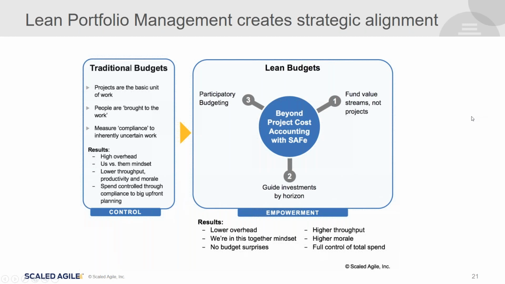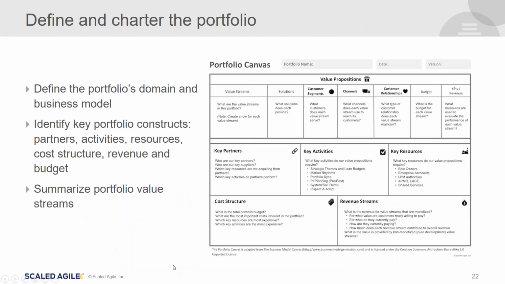So from a lean portfolio level, our ability to look at things not from a strategic themes level, from a horizon level, from a budgeting level as well, and not just using the traditional budgeting control methods. In addition to that, our ability now to track and manage all of this work on a portfolio canvas and pull up some of that information in and align that from a budgeting perspective. We have the budgets already put in there.